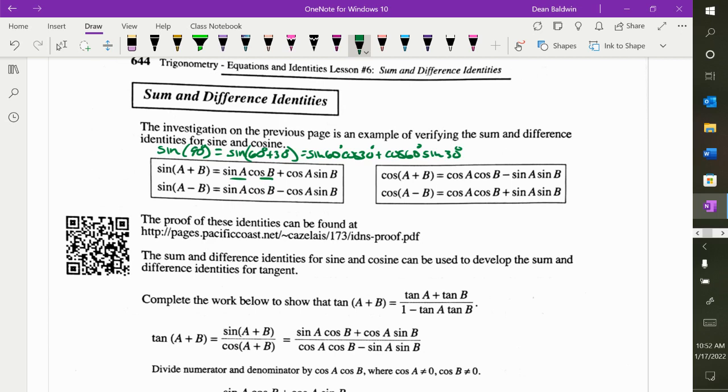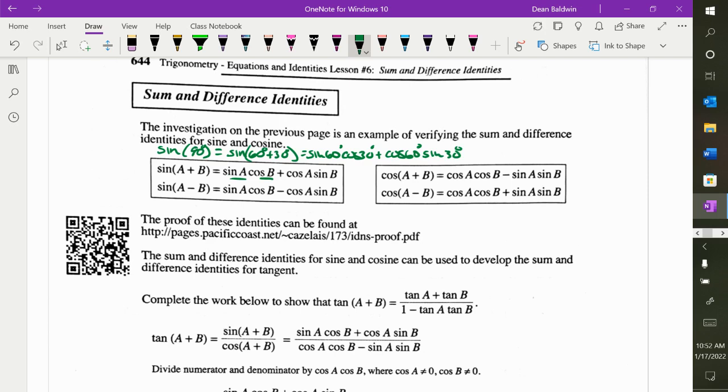The real use of this is if you're given something like this, and it's obviously not just going to have numbers because you just punch those into a calculator. But if you're doing a proof and you have something like this, you can rewrite it into a smaller version like this. This is the identity. It's on your formula sheet. It's sine of A cos of B plus cos of A sine of B.